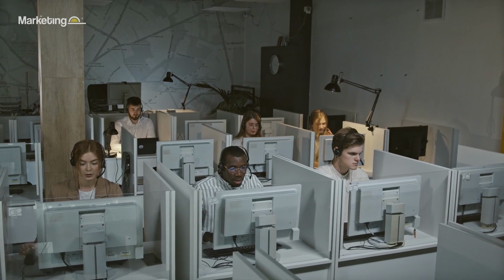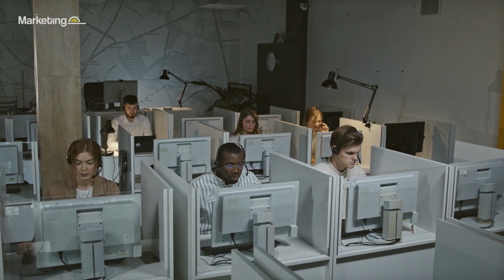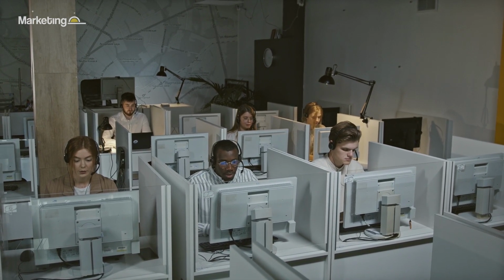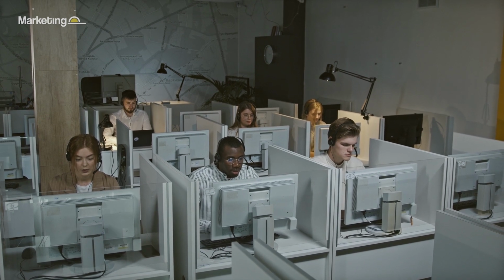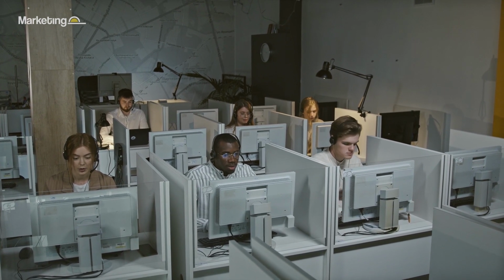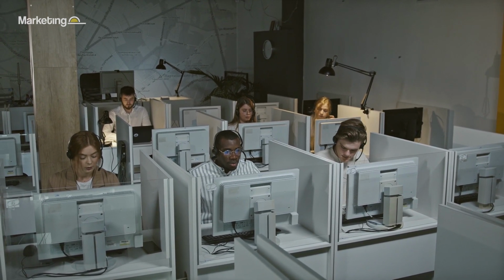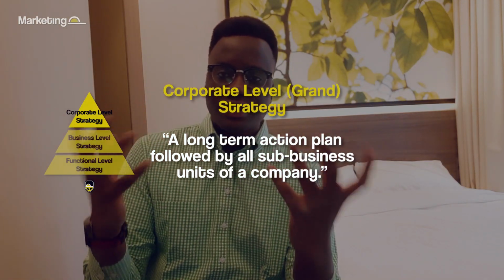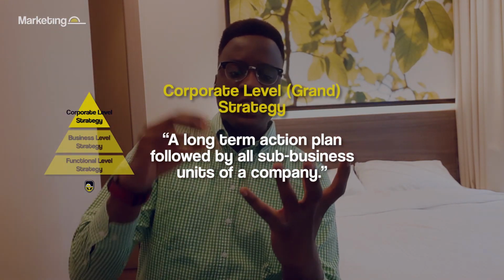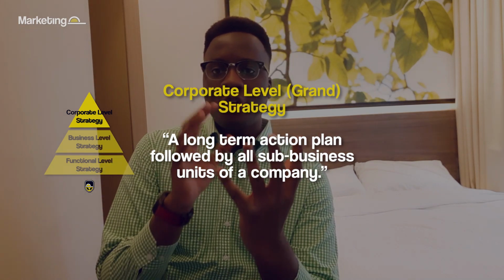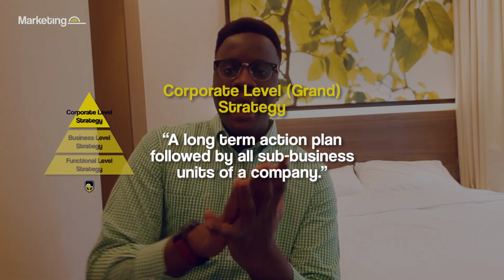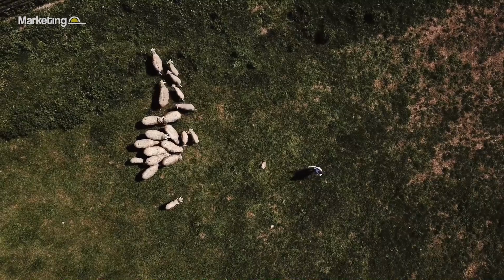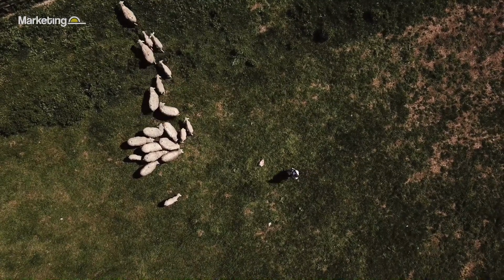These are the different services that a bank offers, and each one of these services could be its own business sub-business unit or division of the company. But the corporate level strategy, or grand strategy as another name for it, is a strategy which all these divisions have got to follow, as they are still under one company, or even a large company with multiple subsidiaries.